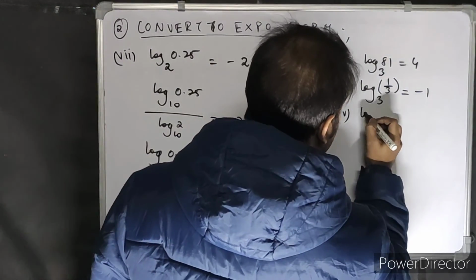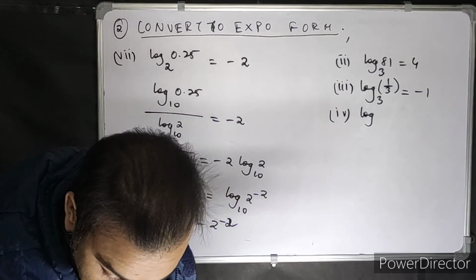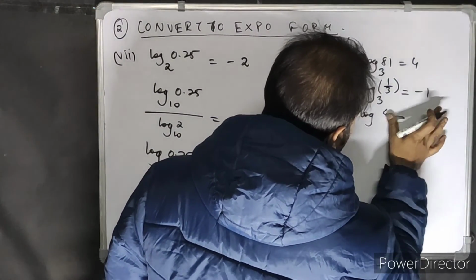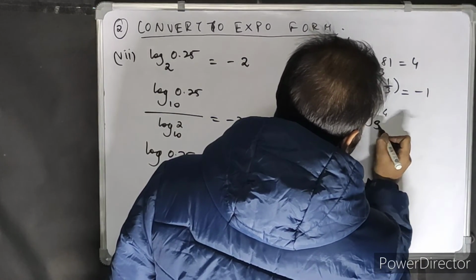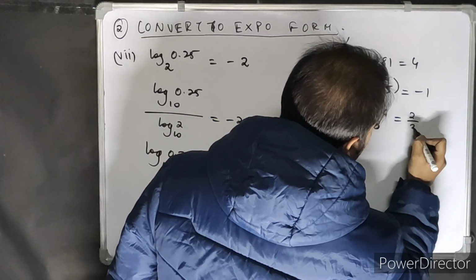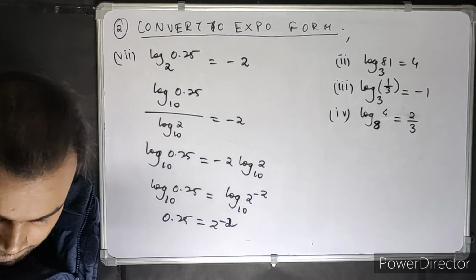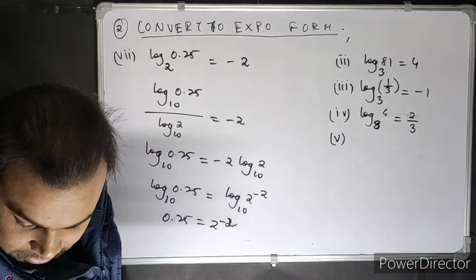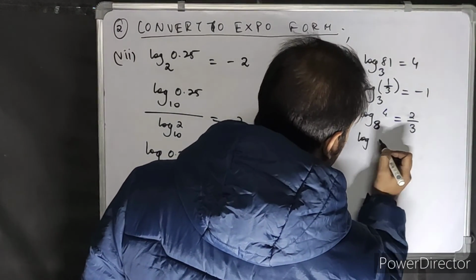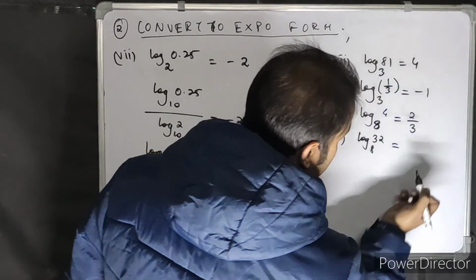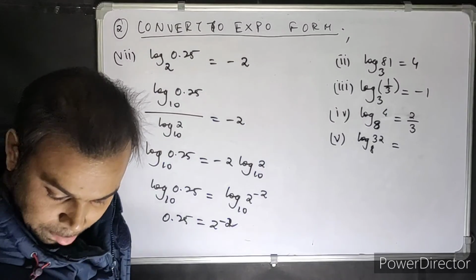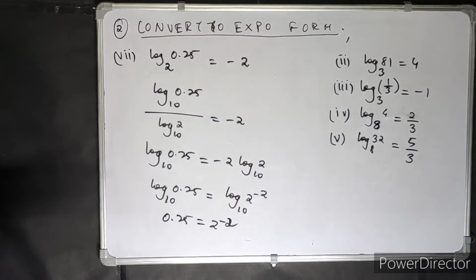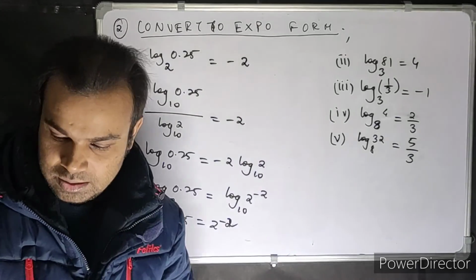Part 4 is log 4 base 8 is equal to 2 by 3. Part 5, sorry, log 32 base 8 is equal to 5 by 3. Try these questions at home and you will come to know the answers.